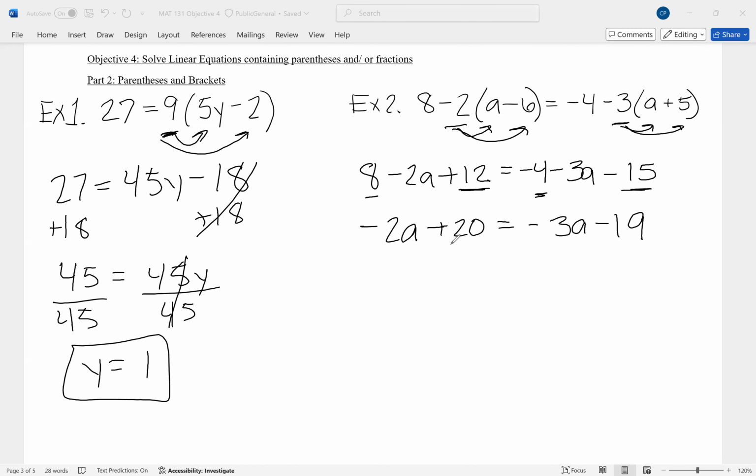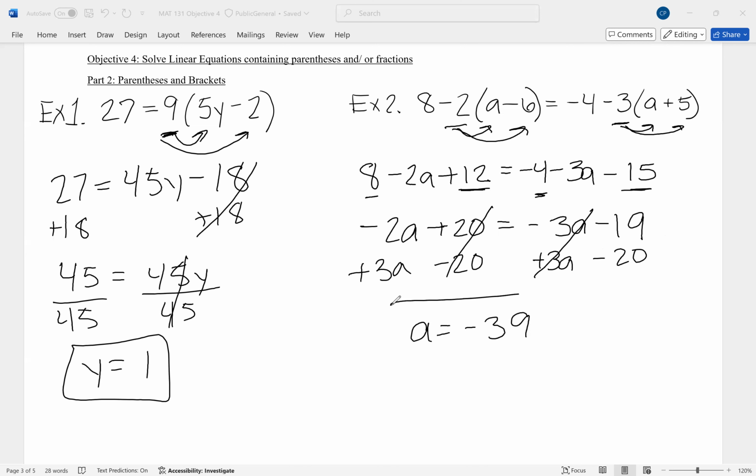Now that we're at this point, we can start doing our both sides stuff. So we can subtract 20 on both sides, and we can add 3a on both sides. That is going to leave us with a equals negative 39, okay?